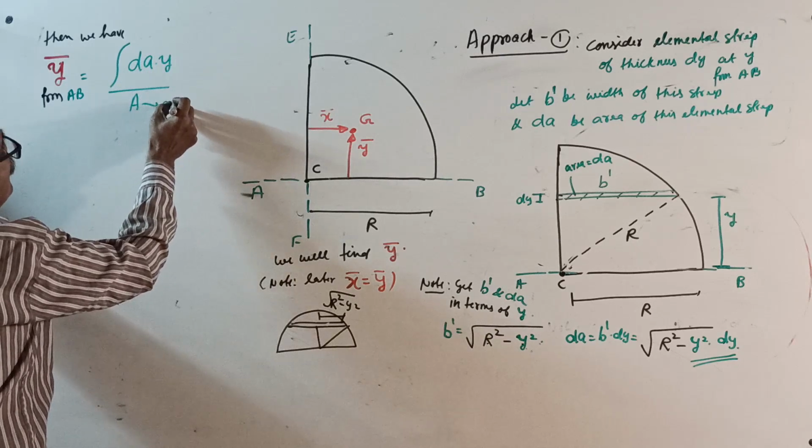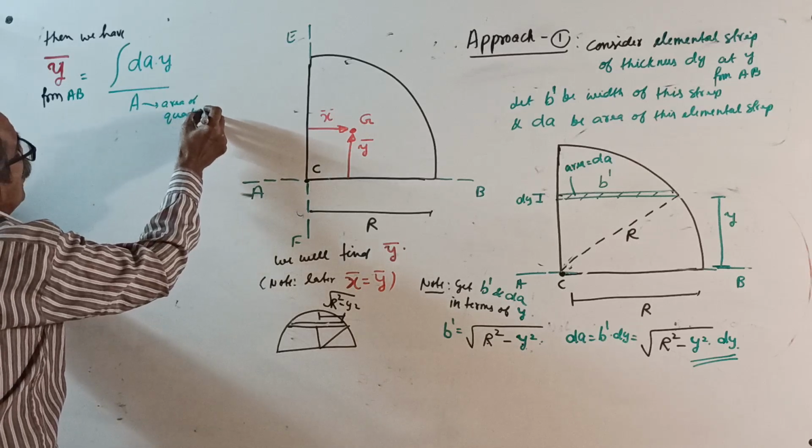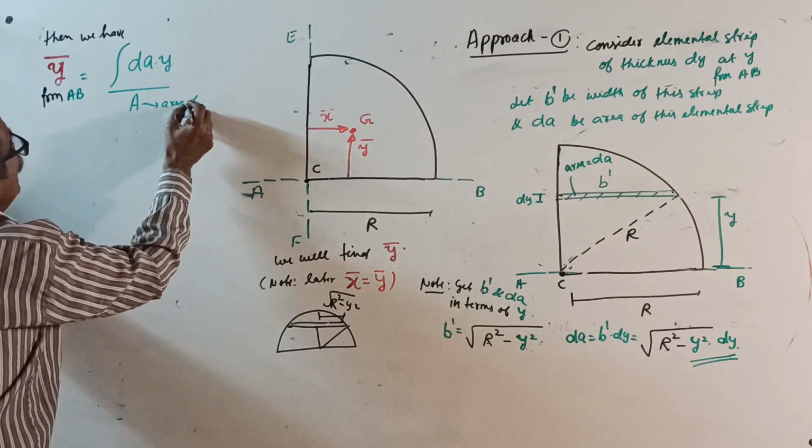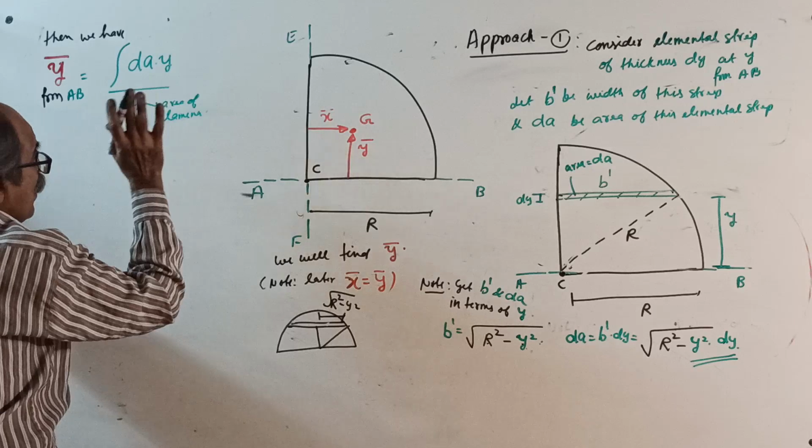A is the area of the lamina, which is a quadrant of a circle.